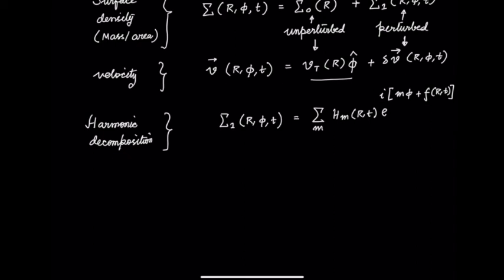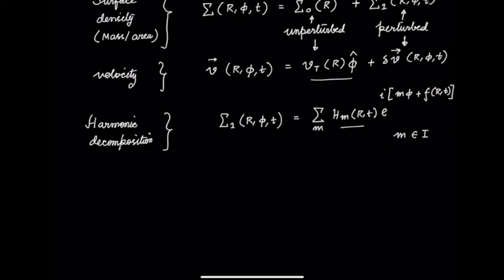Usually, when we write such things, we would have written m phi plus kr, but here, because this is also a function of r, it is not so simple. Second thing is, this m belongs to integers only, because phi is a periodic variable, not going from minus infinity to plus infinity, but from 0 to 2 pi and repeating itself.